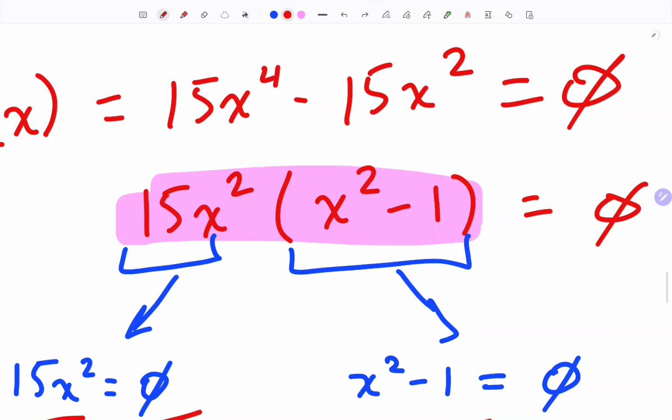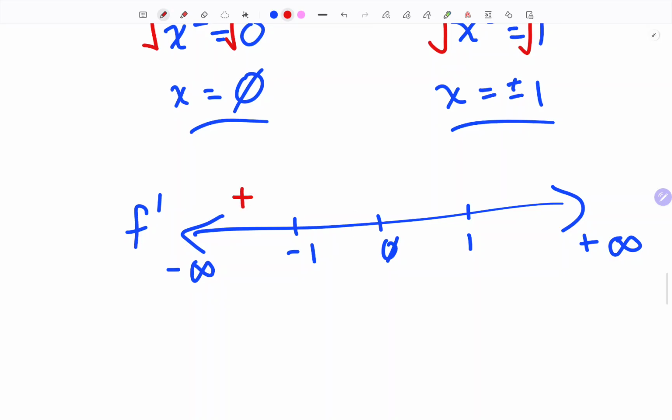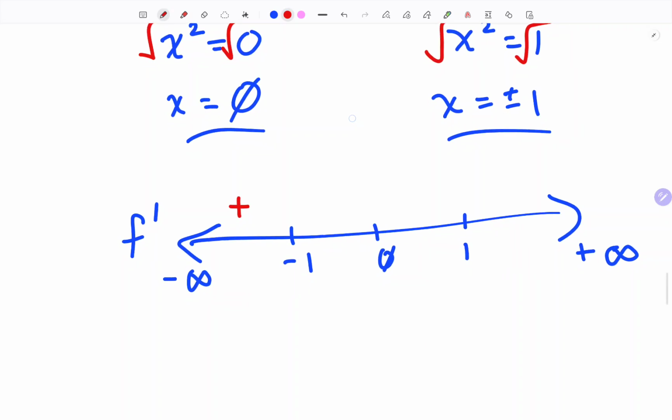So if I plugged in negative 5, negative 5 squared is positive. 15 times a positive number is going to stay positive. Then negative 5 squared is positive 25. 25 minus 1 is positive. So this is a positive number times a positive number. That's going to give me a positive number. I could care less what it is. I just am checking, is it positive or is it negative? That's why it's a number line analysis.